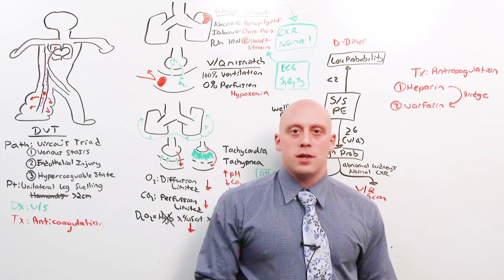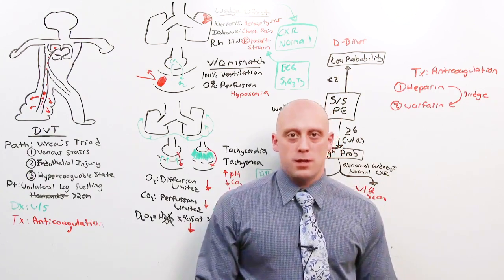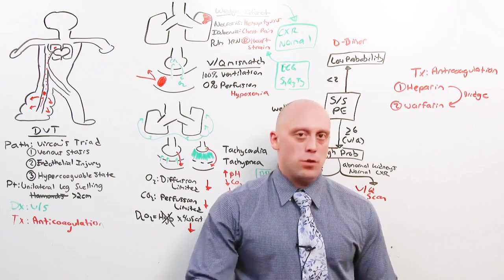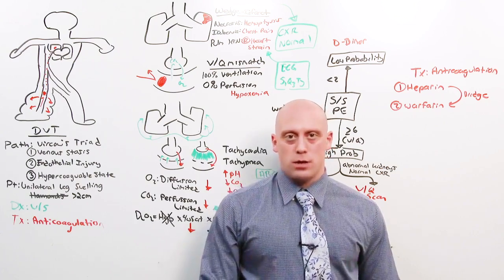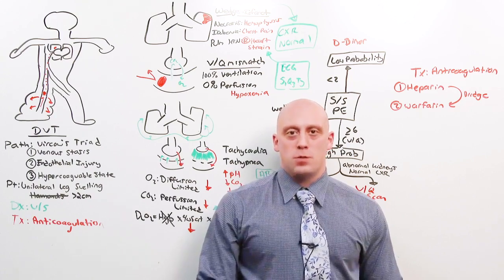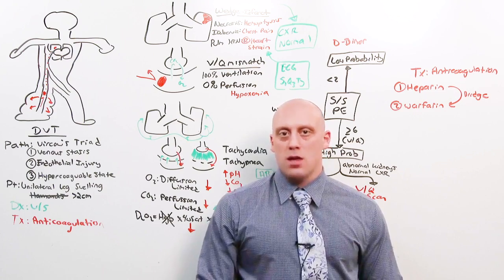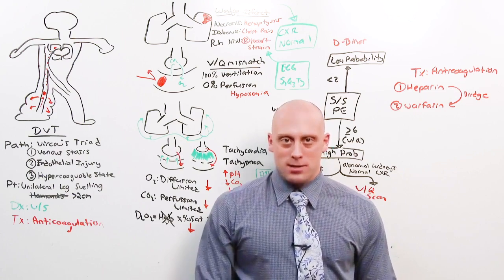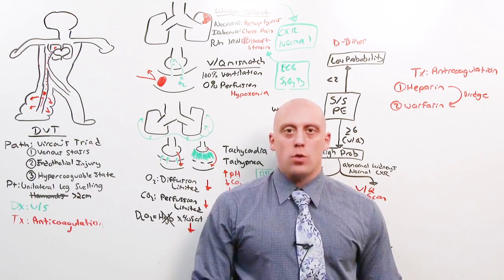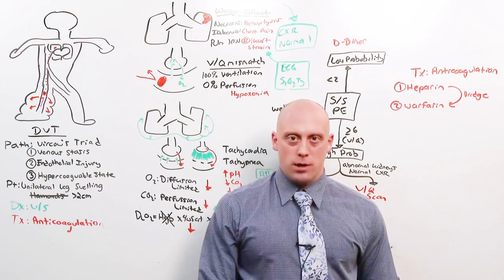Warfarin blocks 2, 7, 9, and 10, as well as protein C and S. If you initiate warfarin without any other anticoagulation, C and S disappear first and the person becomes hypercoagulable and whatever clot they have worsens. So do not start warfarin without first bridging with a heparin product.